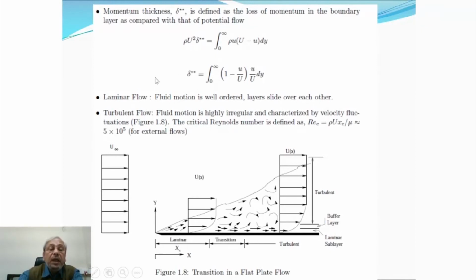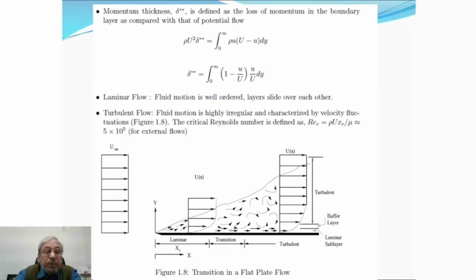Now formally, we have to say something about laminar flow, although the difference between laminar flow and turbulent flow needs much more discussion. I will do that when we start turbulent flow.